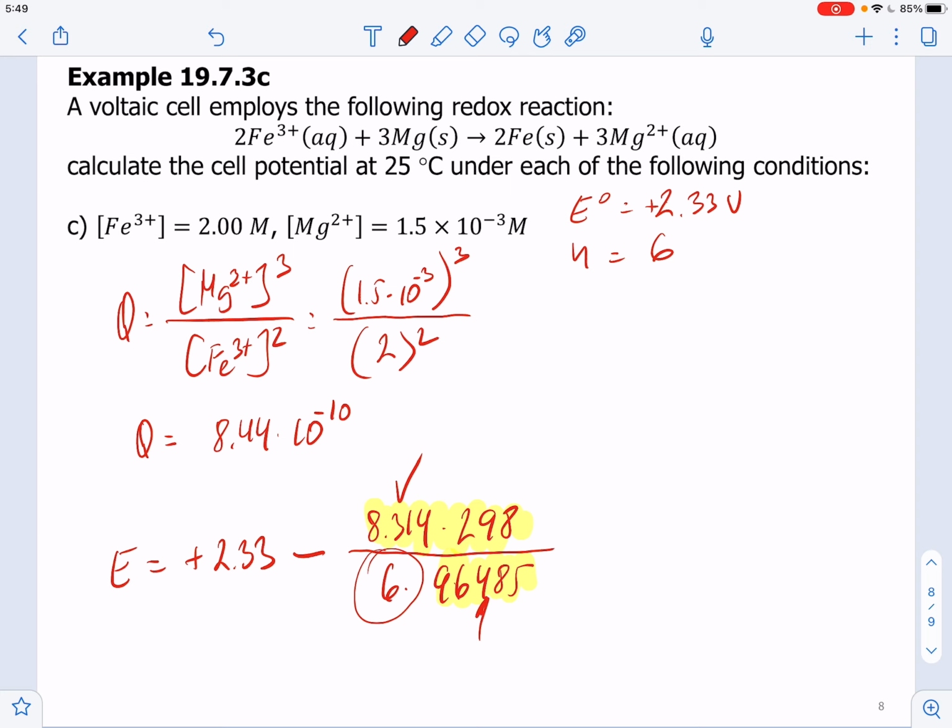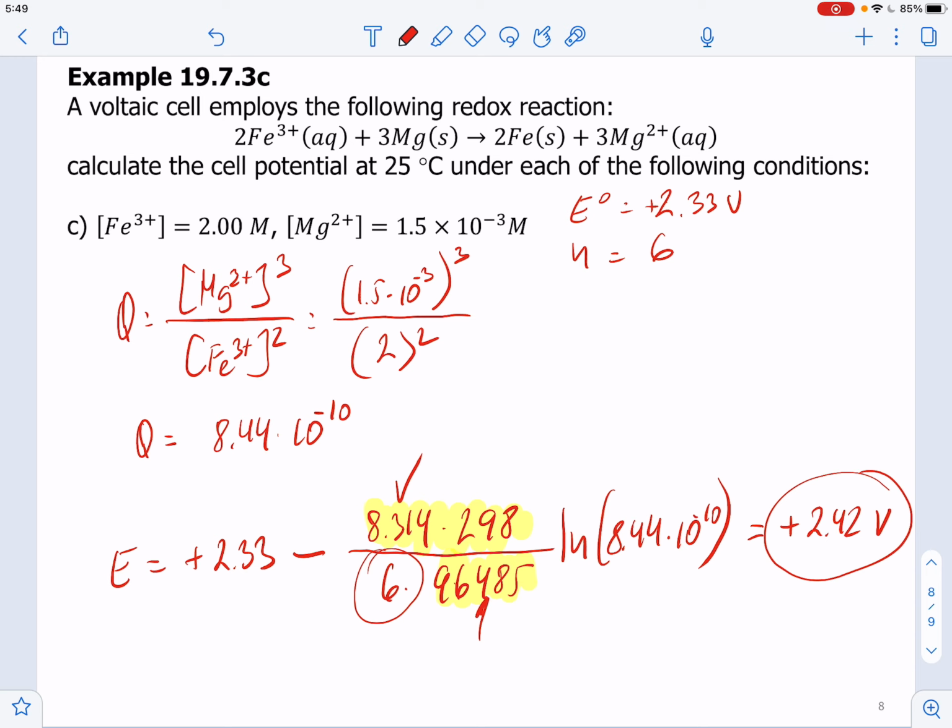For the most part, we're going to be working at the same temperature, so you can do that calculation in advance and have it as your own equation. Now here is the logarithm of 8.44 times 10 to the negative 10, and the potential that we obtain here is equal to plus 2.42 volts.